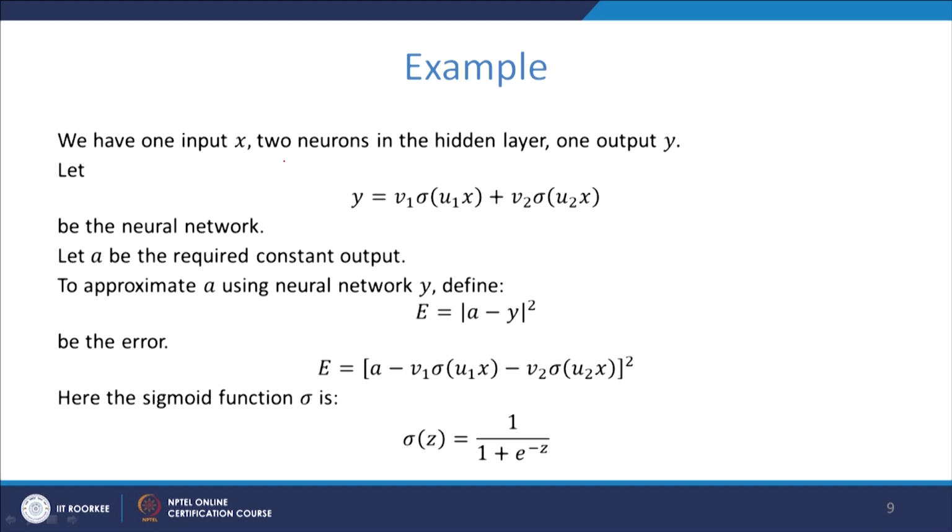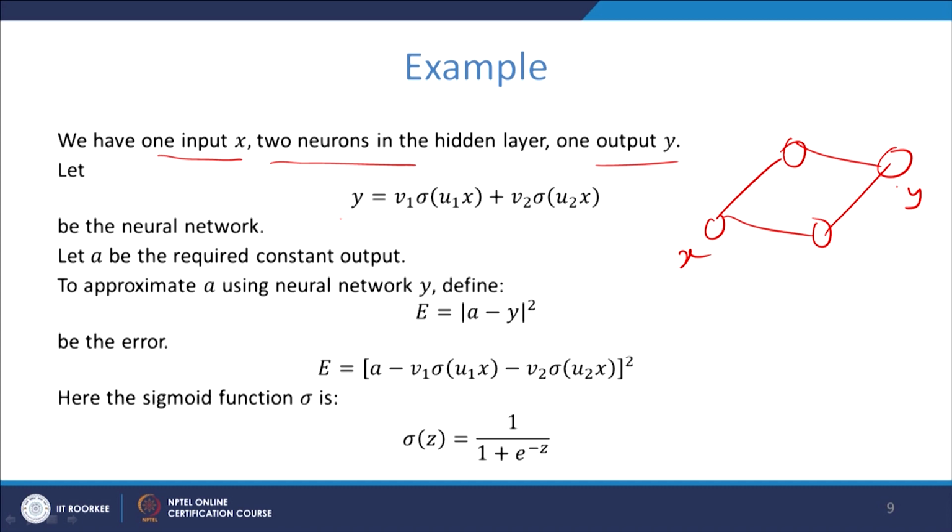So, let us consider a simple problem, that is one input x, two neurons and only one output y. X is the input, y is the output, and this is hidden layer with neurons 1 and 2.